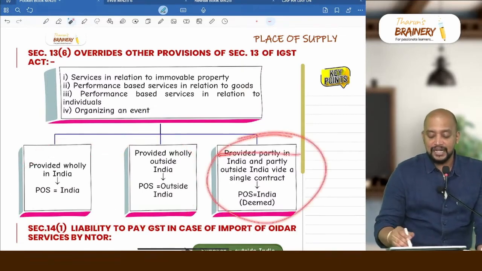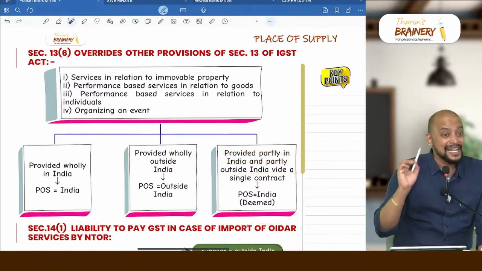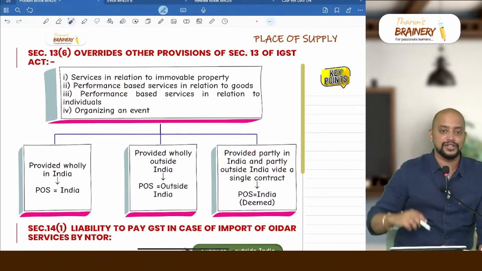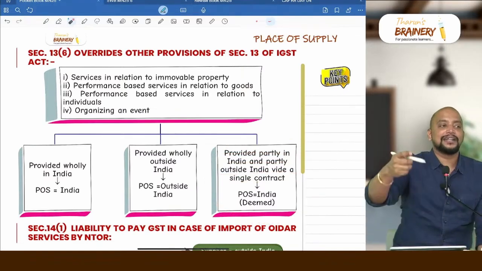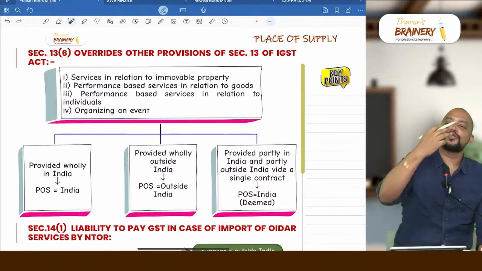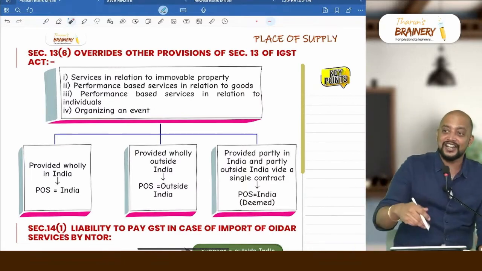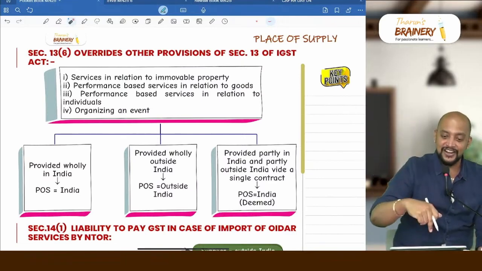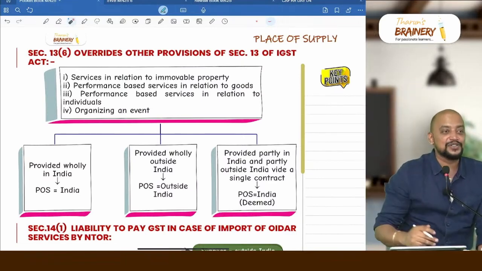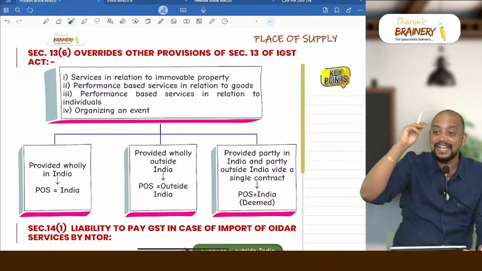What if it is partly in India, partly outside India, with a single contract? In MCQ they have asked a case scenario MCQ. So marriage, partly in India, partly outside India, what will be taken like that? So our so-called intelligent fellows have written, for reception it is here, for marriage it is there, like that. But actually partly in India, partly outside India, it will be place of supply India.